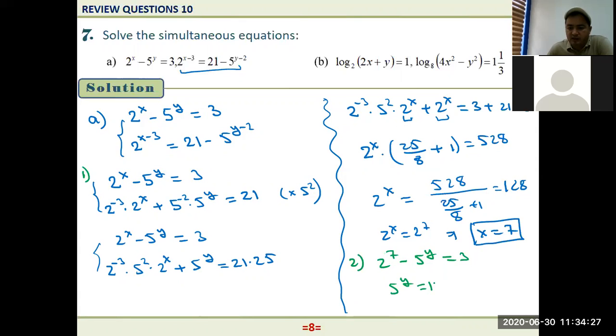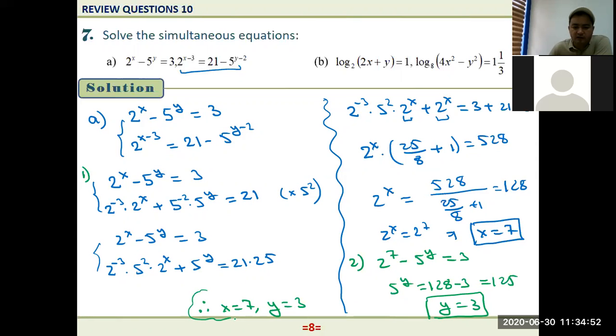This thing is 128 minus 3, which is equal to 125. From here, we know that 125 is 5 cubed. So y is equal to 3. So the answer to this question is x equals 7 and y is equal to 3. That is the solution of this equation.